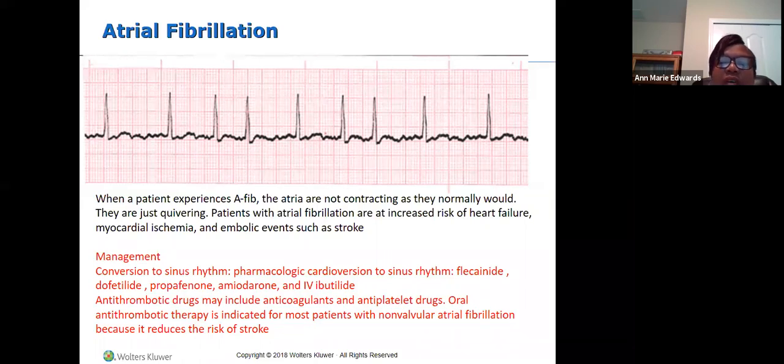Also, because they're at risk for clot formation, antithrombotic drugs can be given, like anticoagulants, antiplatelets. Oral antithrombotic therapy is also indicated for most patients with non-valvular atrial fibrillation because it reduces the risk of stroke.